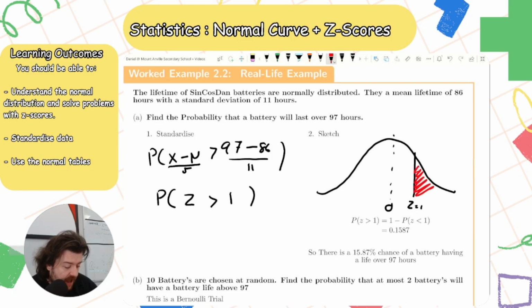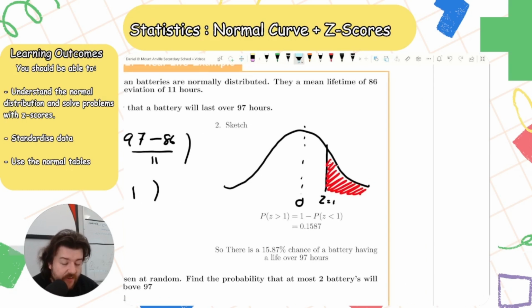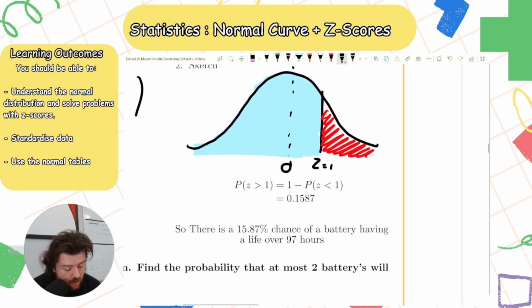So in order to calculate this area, well, I can't calculate the area above a z-score, but I can always calculate the area below a z-score using my table. So I get this area from my tables, and then subtract it from 1, because the area underneath the normal curve is 1. That is equal to 1 minus the probability that z is less than 1.